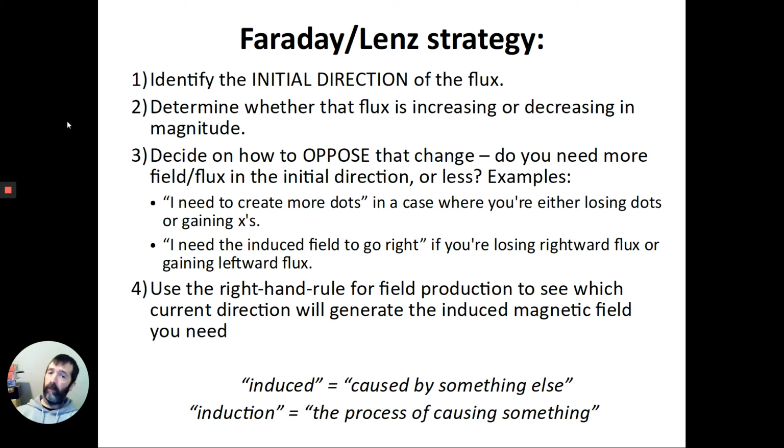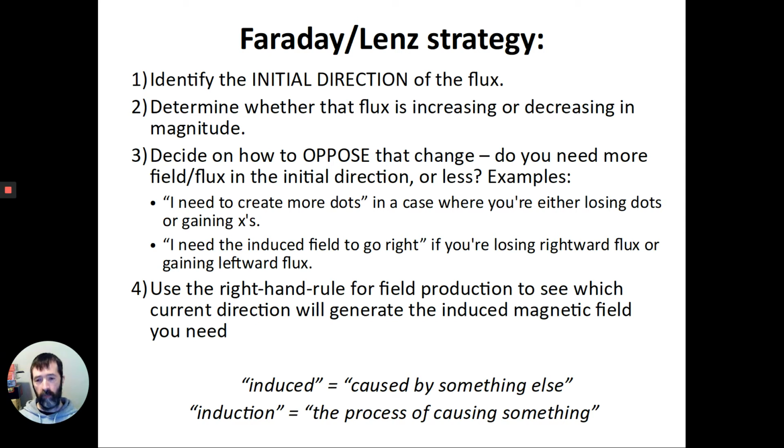Determine whether the flux is going to be getting weaker or stronger. So think about the magnitude. Then you have to decide how you can oppose that change. Are you going to need more field lines going in the direction of the initial flux, or fewer field lines in that direction?